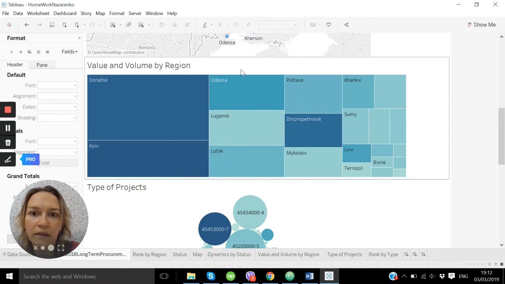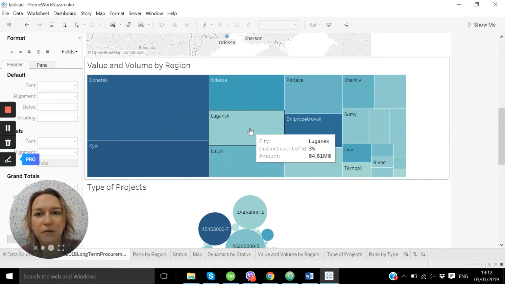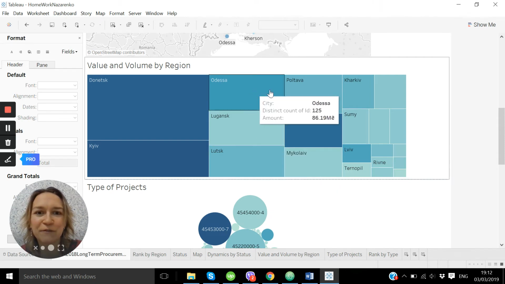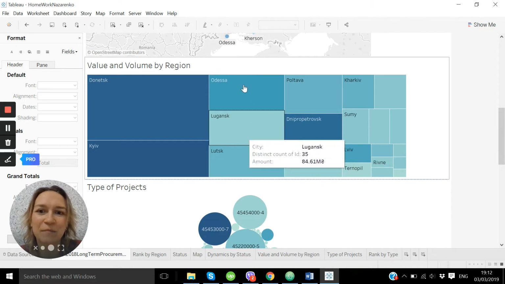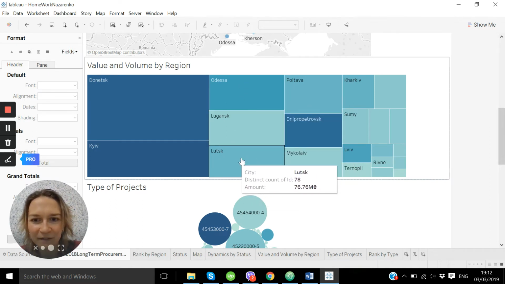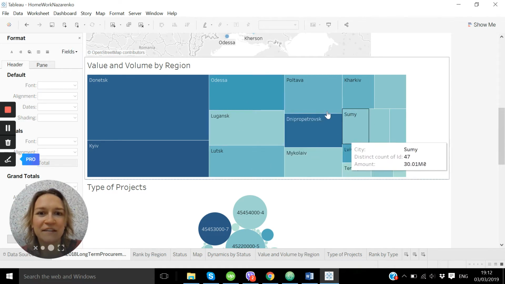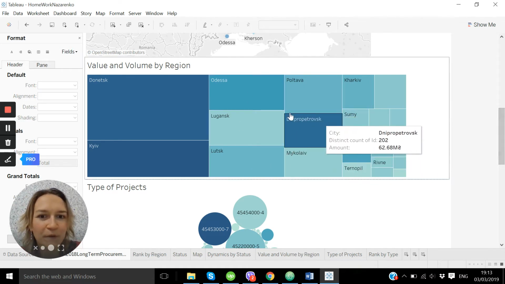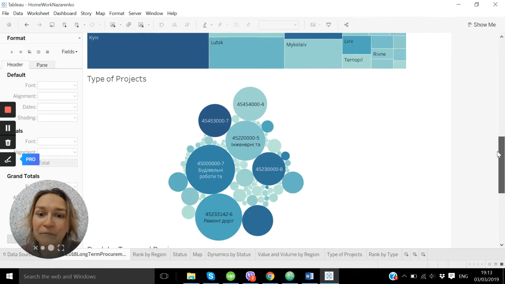Then we have Kiev, Odessa, and Lutsk. That's quite interesting for me. I was expecting to see Dnipropetrovsk in more spends here, but it looks like Lutsk and Odessa invested even more, even though economically Dnipropetrovsk is actually bigger, right?